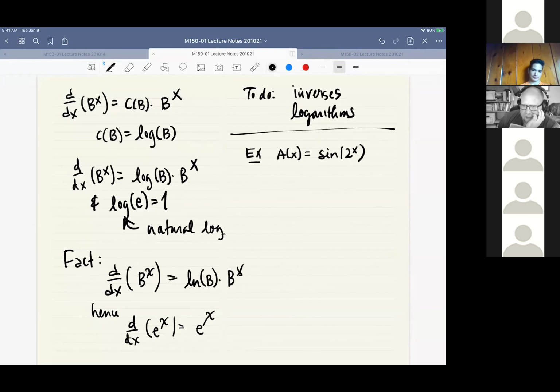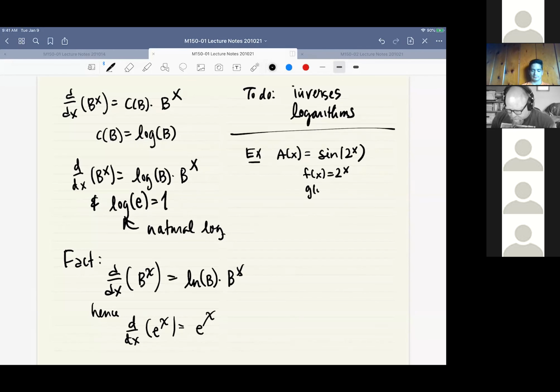So let's differentiate sine of 2 to the x. I'll walk you through the way I think about it. So here's my inside function. It's the first thing that happens to x. x goes to 2 to the x. So I'm going to call that f of x. And then what happens is the y takes that output and does something to it.